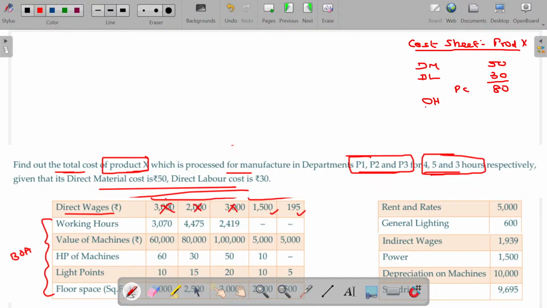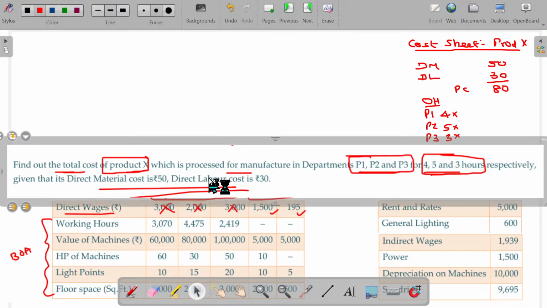Overhead: under that, P1, P2, P3, 3 departments were used. This product X operated in P1 department for 4 hours, in P2 department 5 hours, in P3 department 3 hours. Then you need to know what is the cost per hour of operating P1, P2, P3. Then you can easily calculate overall overhead for this product.